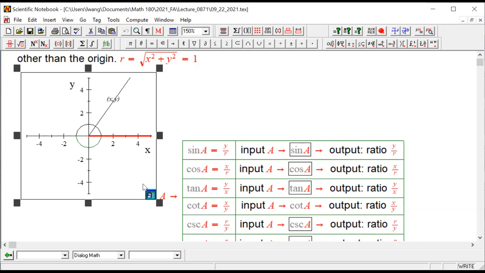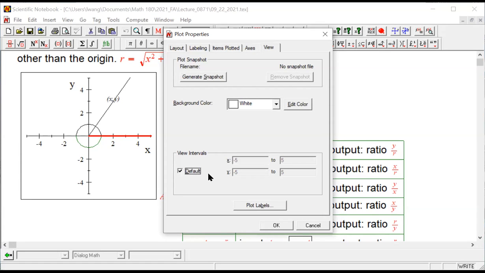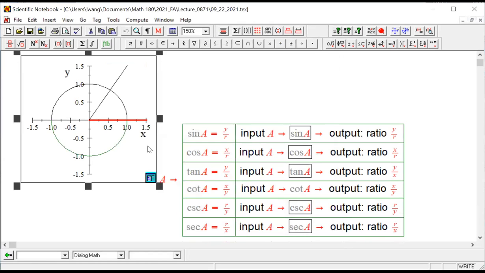Now, because I only work with the unit circle, and this unit circle is too small, I'm going to change the scale. I'm going to blow up the unit circle, because I know it's not going to make any difference for the output. So that's the unit circle.